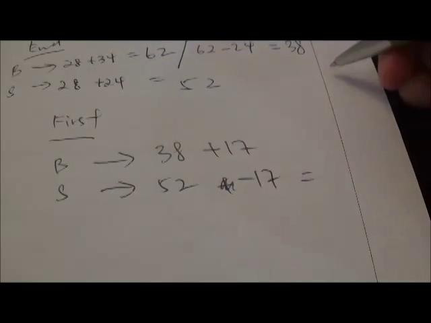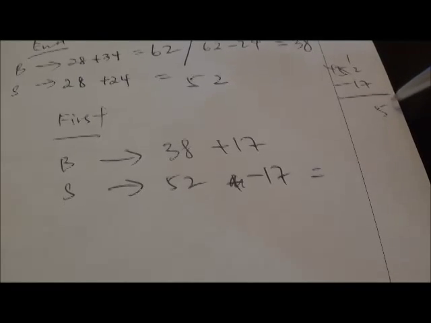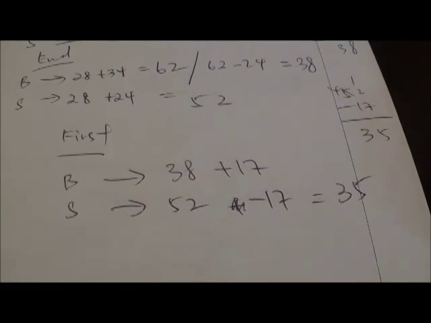So 52 minus 17, that is 35. So at first, my small box must have only 35 seashells.